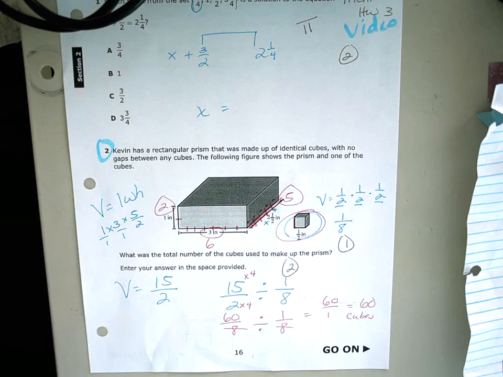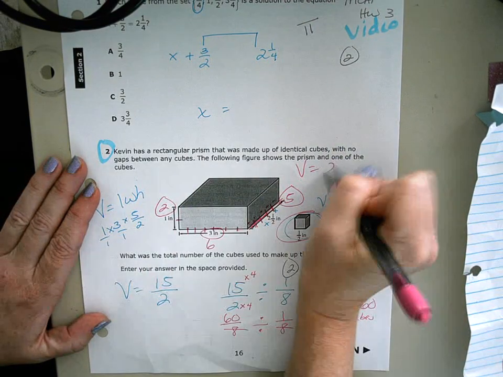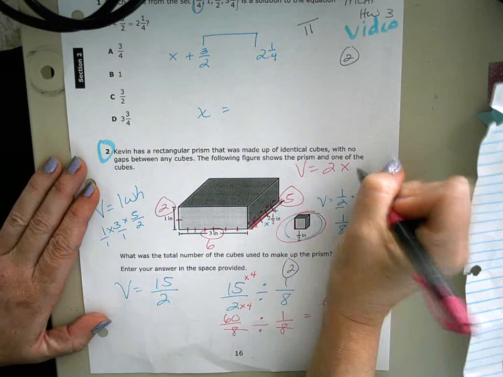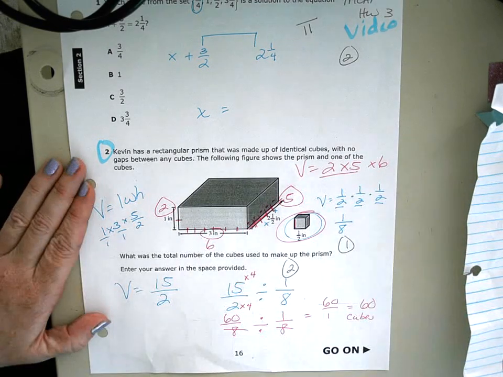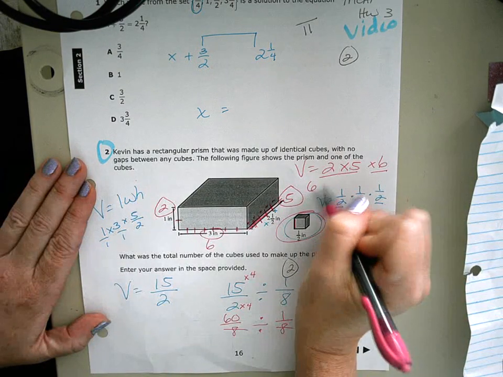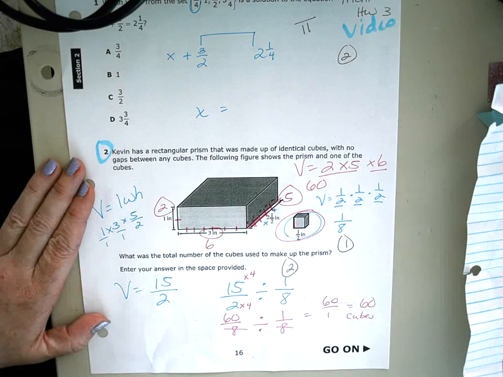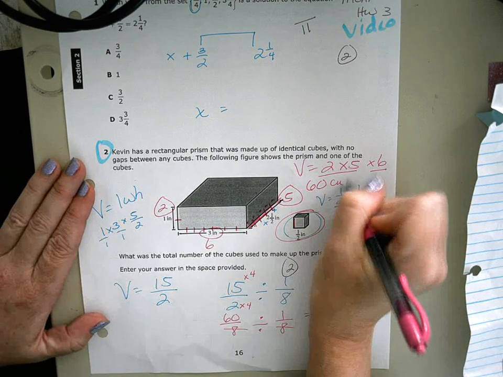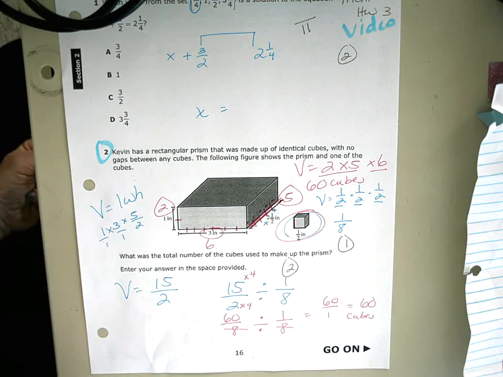And then I could find that volume, which is 2 times 5 times 6. 2 times 5 is 10. 10 times 6 still gives me 60 of these little cubes. 60 of these little cubes will fit inside the big rectangular prism.